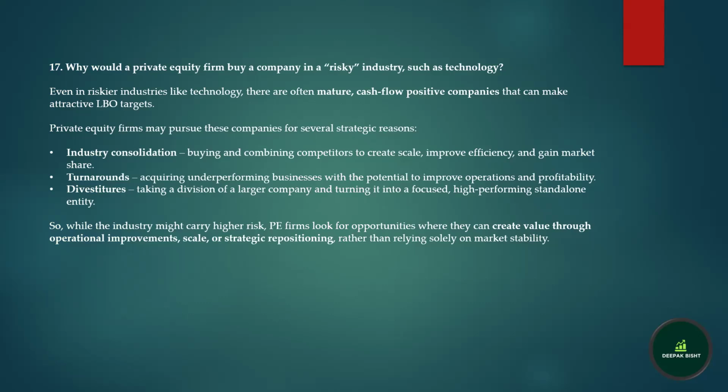If a private equity firm believes it can bring operational expertise or leadership to turn around a struggling company, they may be willing to take on the risk. Many private equity firms specialize in turnarounds where they work to optimize operations, improve margins, restructure debt, and focus on profitability. For example, a technology company might have great products or intellectual property, but it's poorly managed. So a private equity firm might acquire it, bring in a new management team, and focus on execution, ultimately leading to a profitable exit.